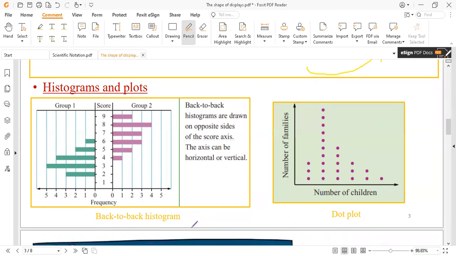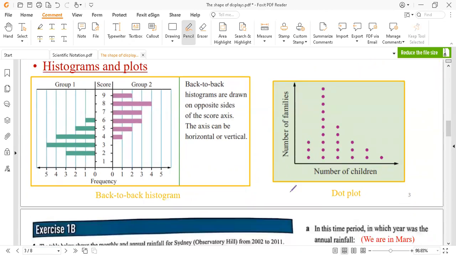With the back-to-back histogram, we can, for example, compare two different sets of data for the same statistical study. We call it a dot plot because we use dots to represent the repetition; the number of dots represents the frequency of a given score.